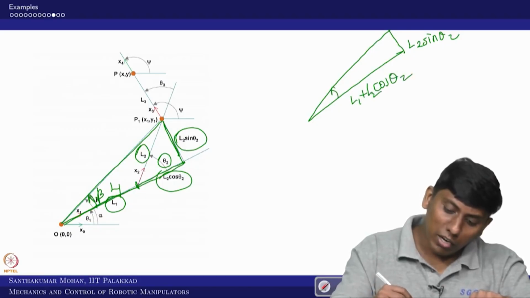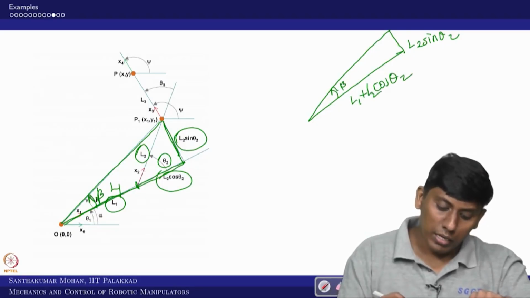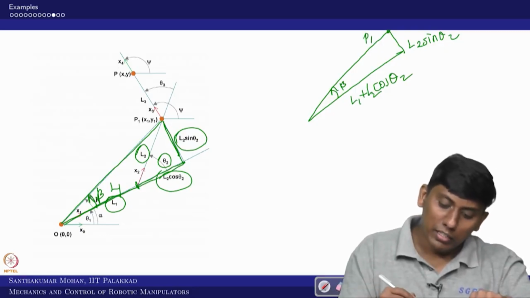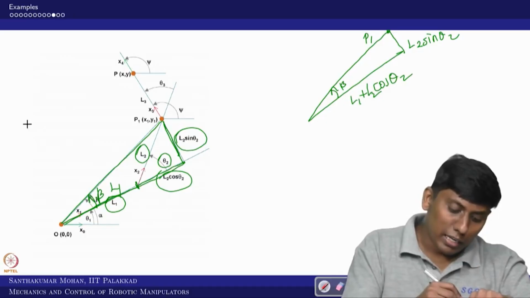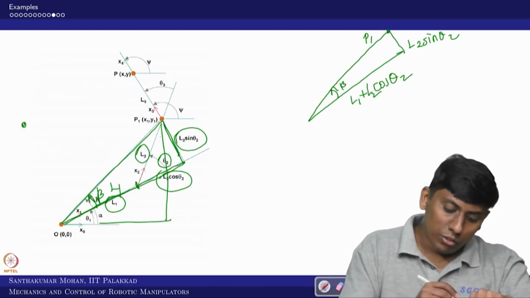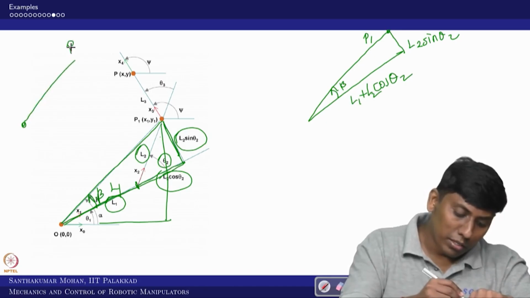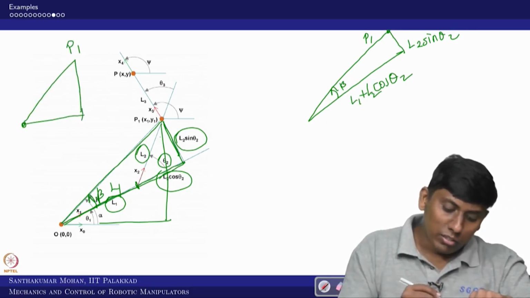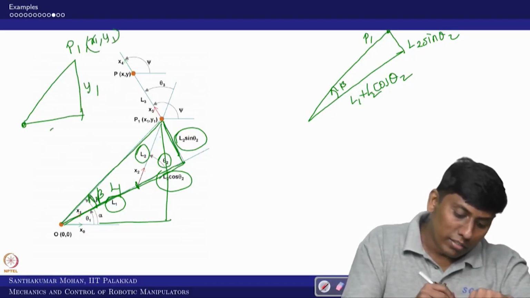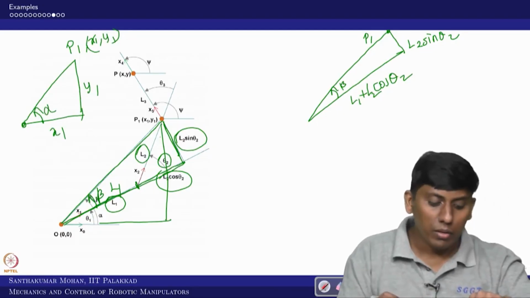This angle I call beta. Further, this point is P1. The same P1 I can mark on this triangle. This is x1, y1, so this is y1 and this is x1, and this angle I call alpha.